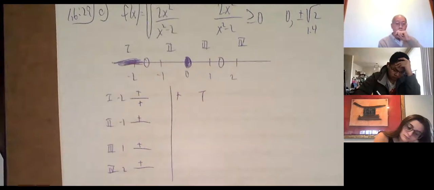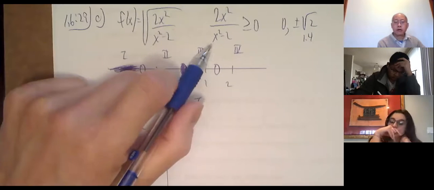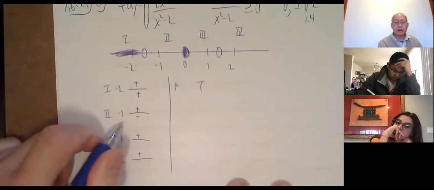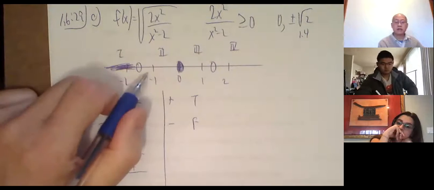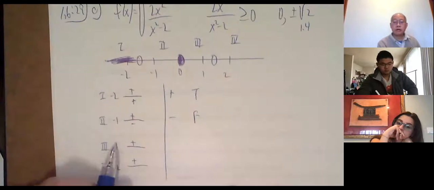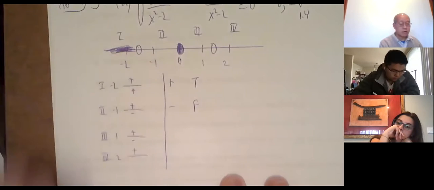Region 1 is true. Region 2, plug in negative 1. Squared is 1. 1 minus 2 is negative. Positive divided by negative is negative. Negative greater than or equal to 0, that's false. Do not shade in region 2. Region 3, plug in 1. 1 minus 2 is negative.